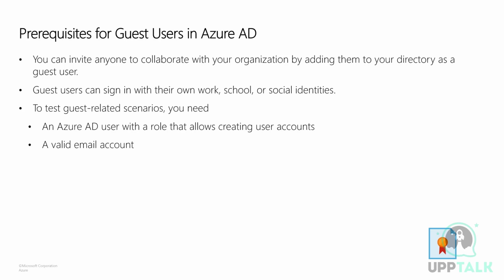One needs to send an invitation to the external user. The user will receive it as an email and accept that invitation, right? This invitation will be sent as an email. That's the reason why you need to have a valid email account. Along with this, you also have to give permissions.